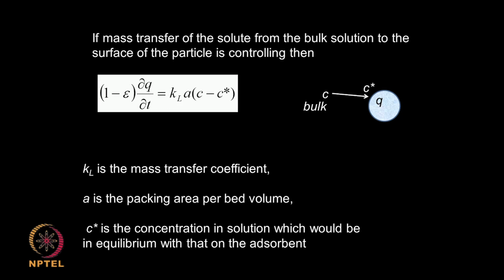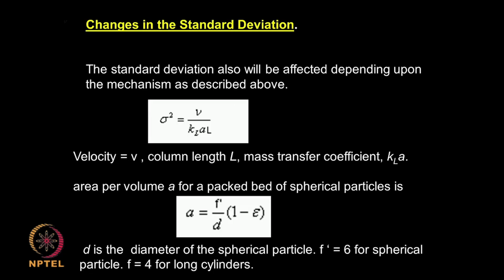So, if it is linear, if you remember, Q could be equal to K C star. So, we can replace C star with Q by K. If you replace, you can have changes in the standard deviation.